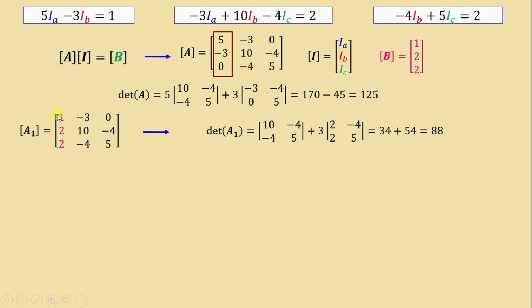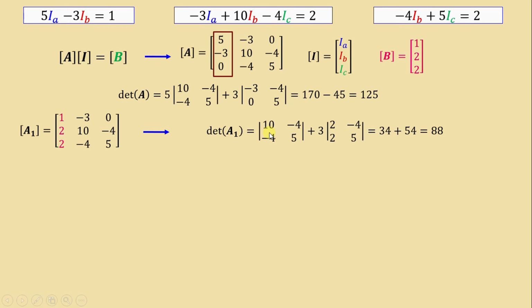We start first by 1 multiplying by, when we cancel the first row and the first column, there stay only 10, negative 4, 5, negative 3, minus negative 3, and we cancel the first row and the second column, there stay only 2, negative 4, 5.